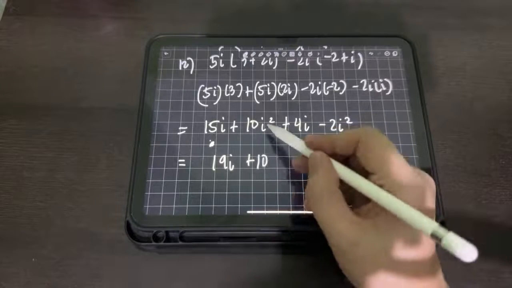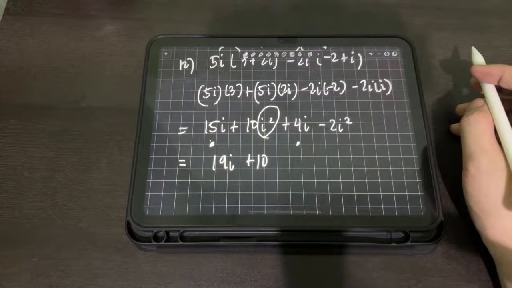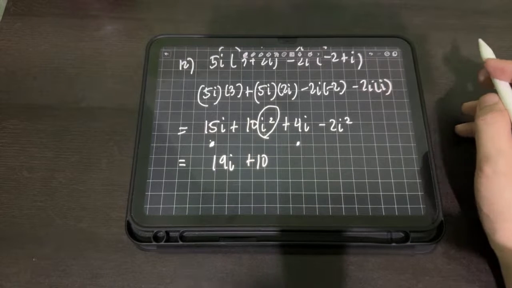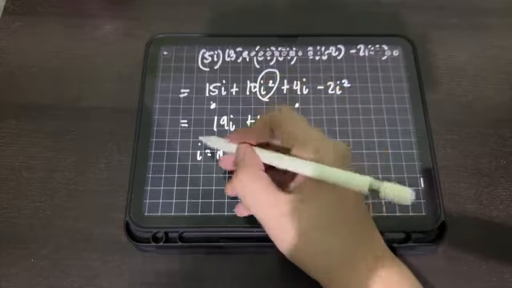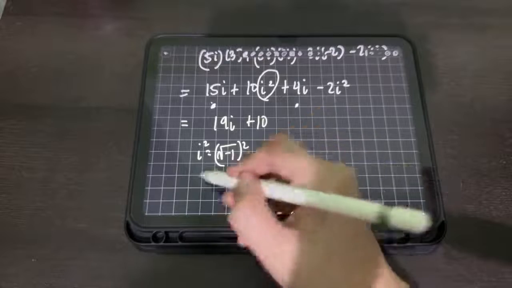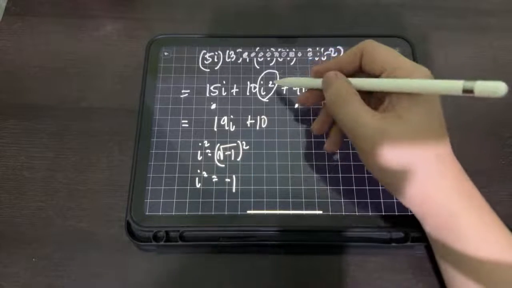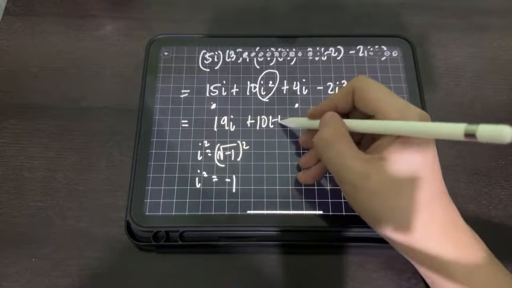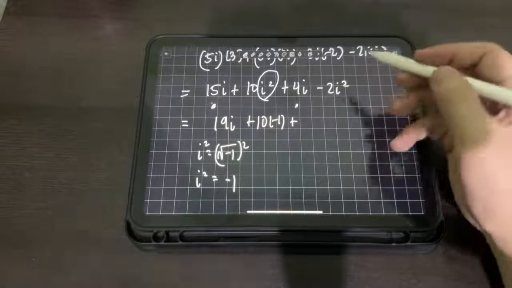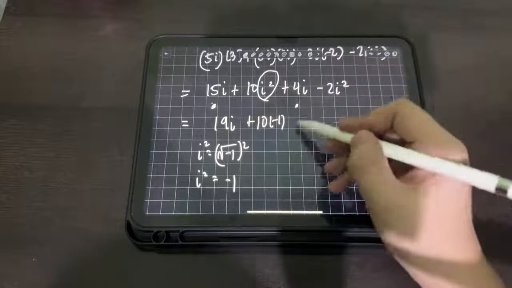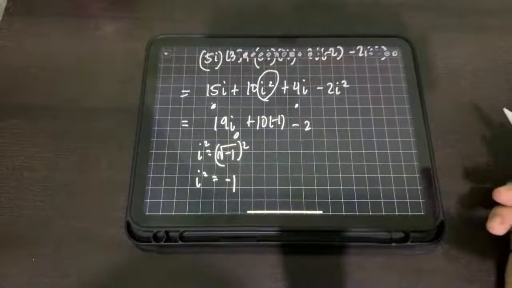Plus, for this 10i squared, remember the definition for i squared that we had in our introduction. i is equal to square root of negative 1. When we square both sides, i squared is negative 1. So therefore, we can replace i squared with negative 1. This 4i is already combined with 15i, it becomes 19i.